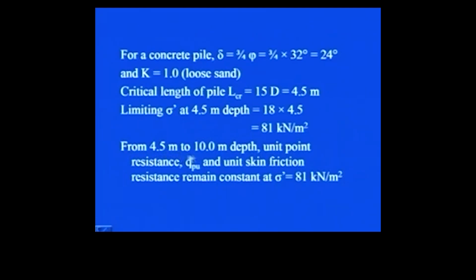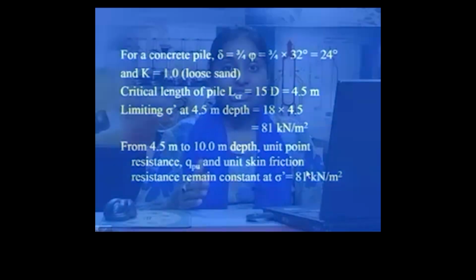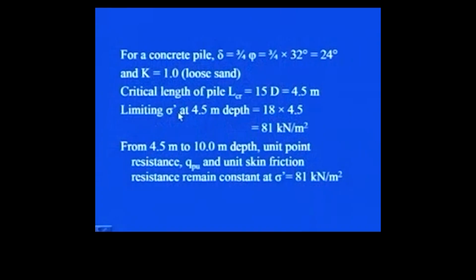From 4.5 meter to 10 meter depth, unit point resistance, that is QPU, and unit skin friction resistance remain constant at sigma prime equal to 81 kilonewton per meter square, because in critical depth concept, this limiting sigma prime increases till the critical depth. Beyond that it remains constant. So whatever unit point resistance or unit skin friction you find beyond this depth is going to remain constant.